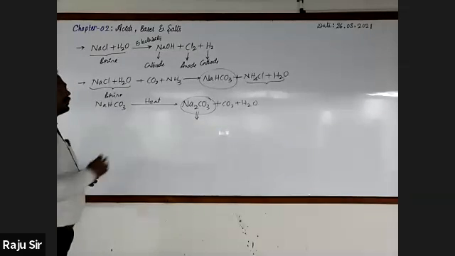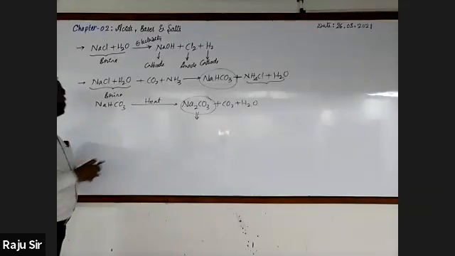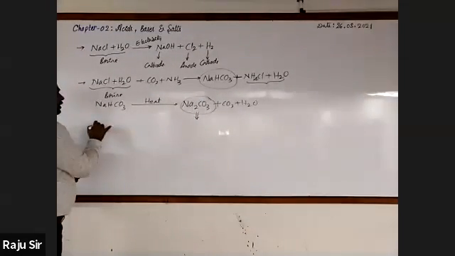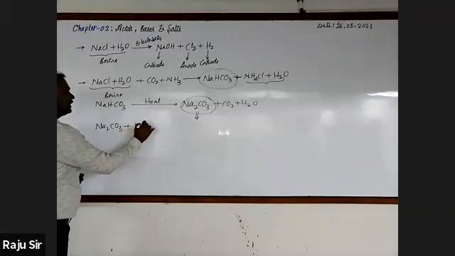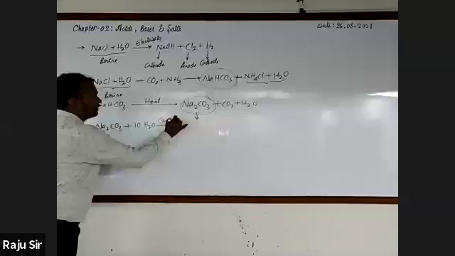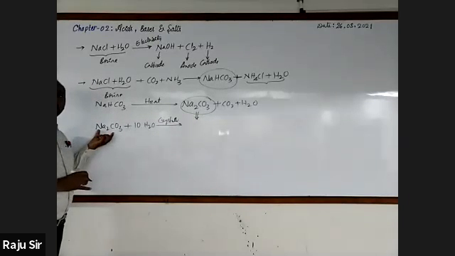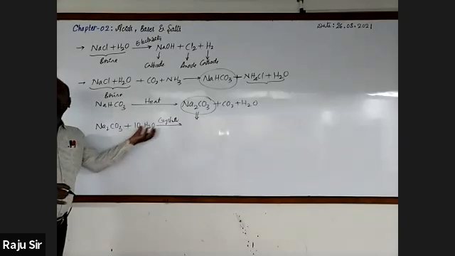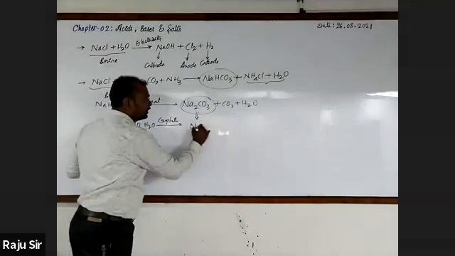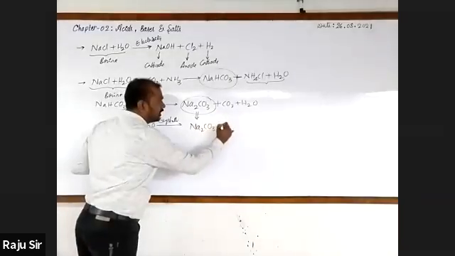Now we will go for recrystallizing this, which means it is to be dissolved in water. Na2CO3 plus 10H2O. On crystallization, every 1 formula unit of sodium carbonate will absorb 10 molecules of water to form sodium carbonate decahydrate.